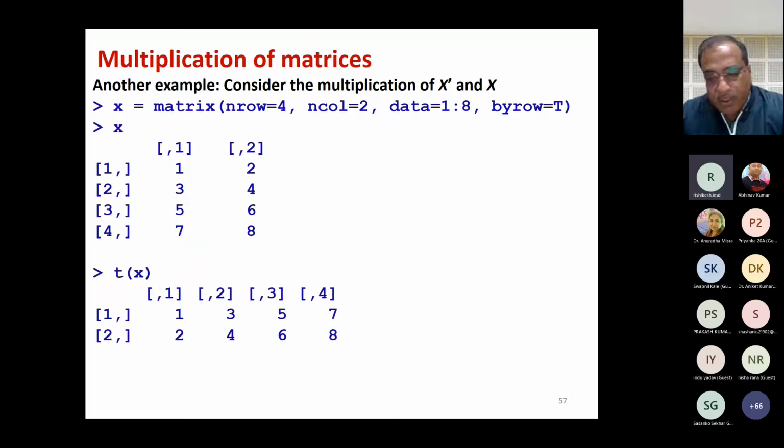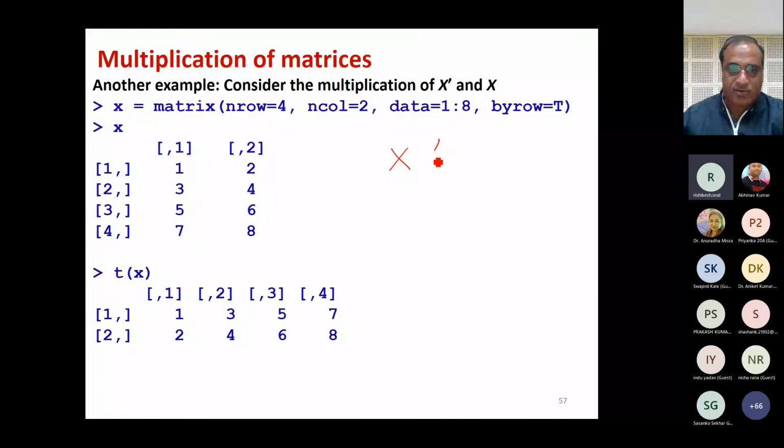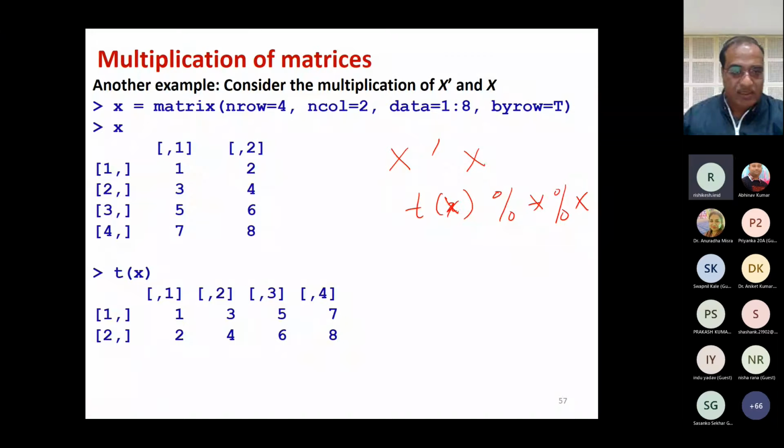And now I want to give you one more example. Suppose I try to obtain the product of two matrices like X transpose X. It can be written very simply as transpose of X and then percentage star percentage X. So now you can see what will happen.